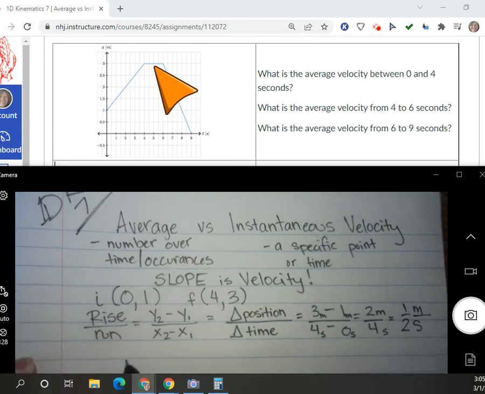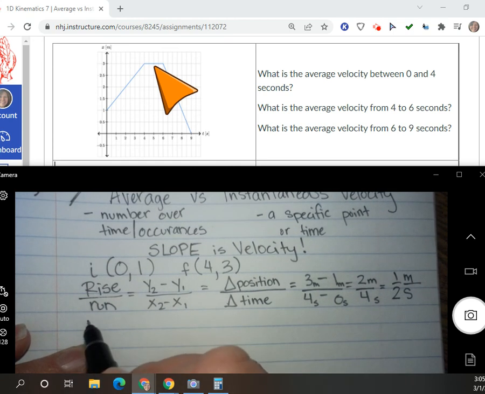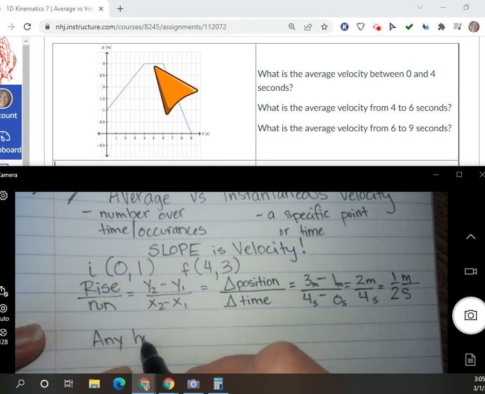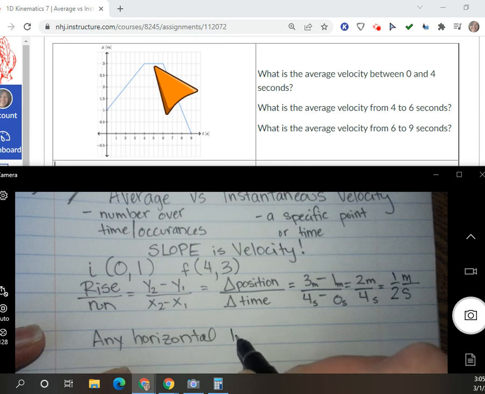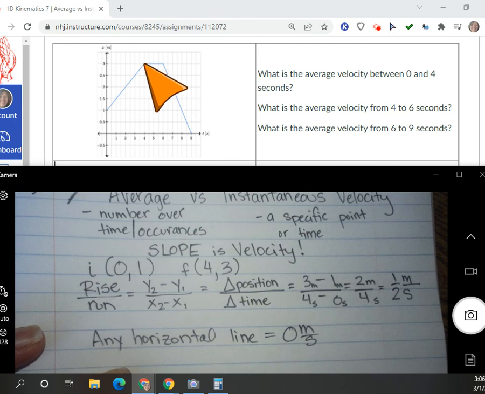So we will go ahead and write that in our notes just to make sure that we are following it. So that position does not change over the course of that entire time.